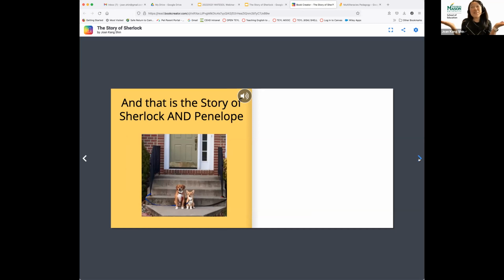So, did you like my story? So here you can see, you can have a simple Google slide or PowerPoint to put text and image together. But then you could use Book Creator to add audio, or you could even add audio and video.